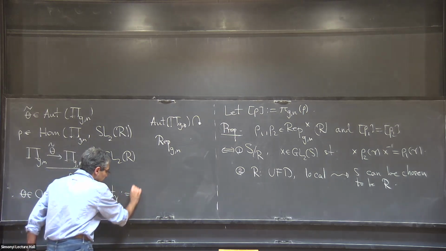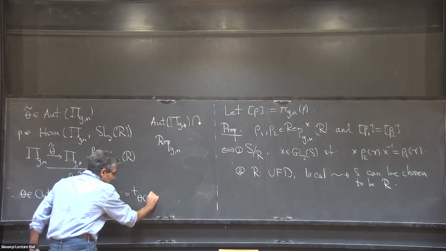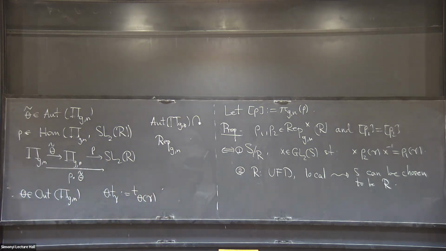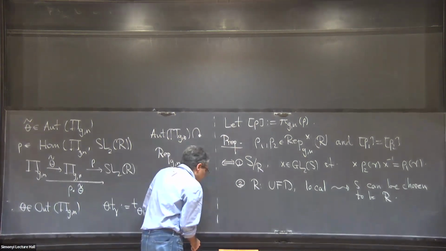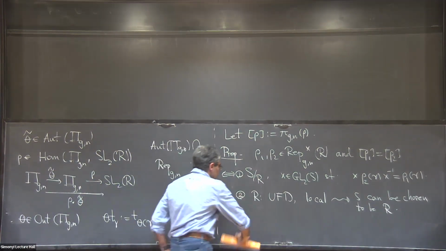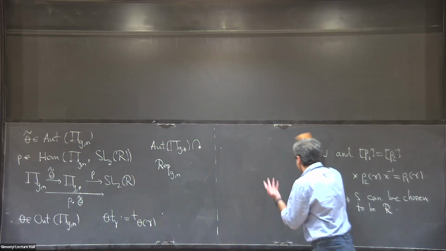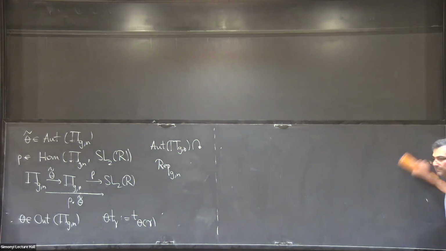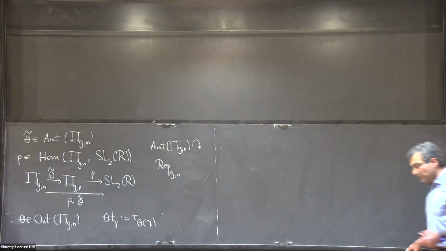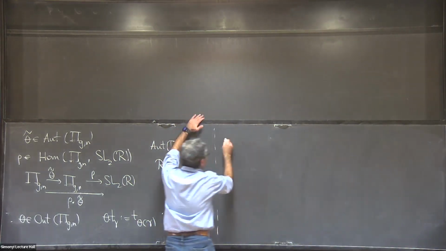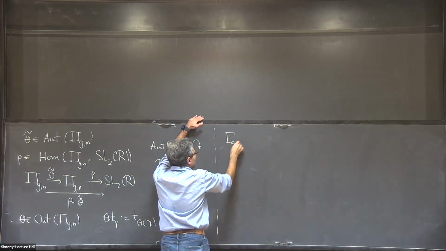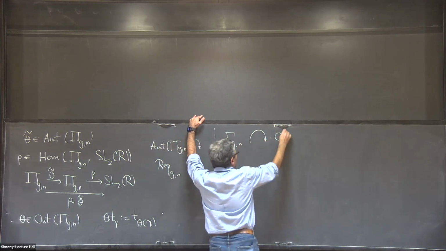So you simply define this to be what theta does to gamma. And then this satisfies the pre-K relation, so you can extend it to the full scheme. And these are compatible with each other, therefore we get that equivariant map. So my goal is to understand the orbits of this action on the character variety.